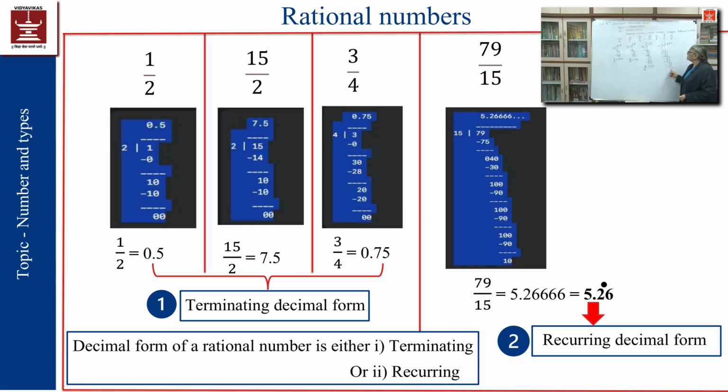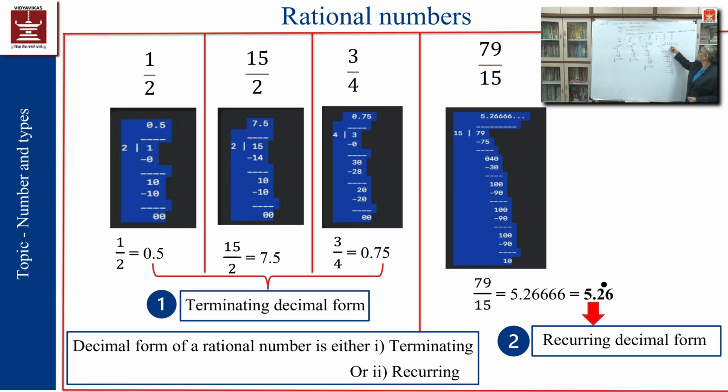If the remainder turns out to be 0, the division comes to an end. No need to do further division. Here, you will observe that every time the remainder is 10. So, if we take down 0, again the quotient is 6, again 15 6s are 90, again the remainder will be 10. As many times as you want, you keep on taking zeros, the division will never come to an end because the remainder is going to be the same number 10, and hence every time the quotient is going to be 6.